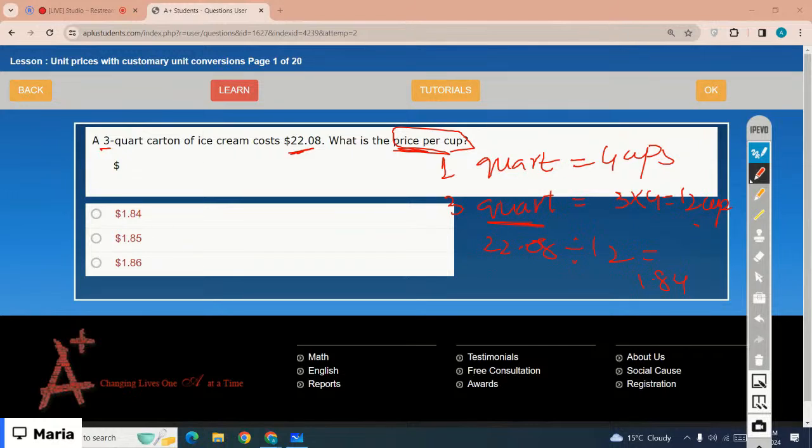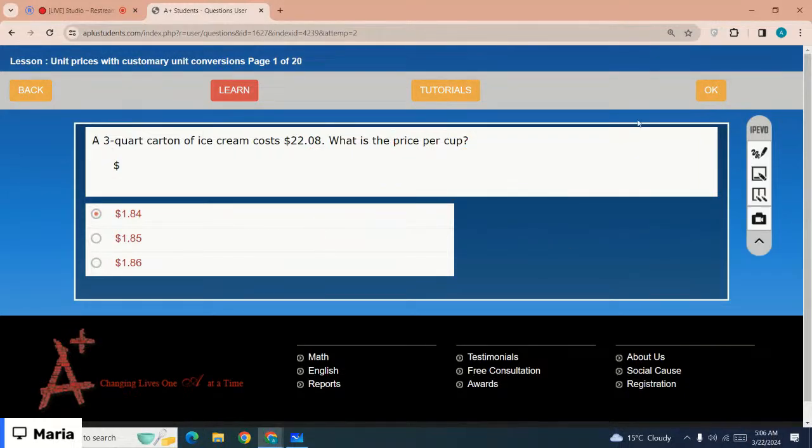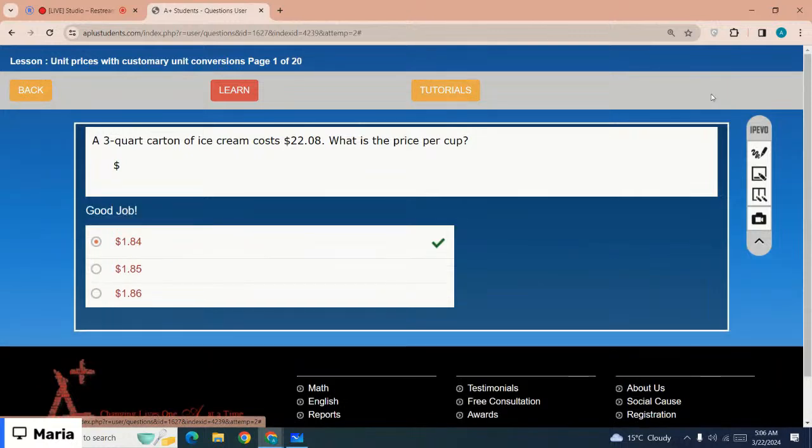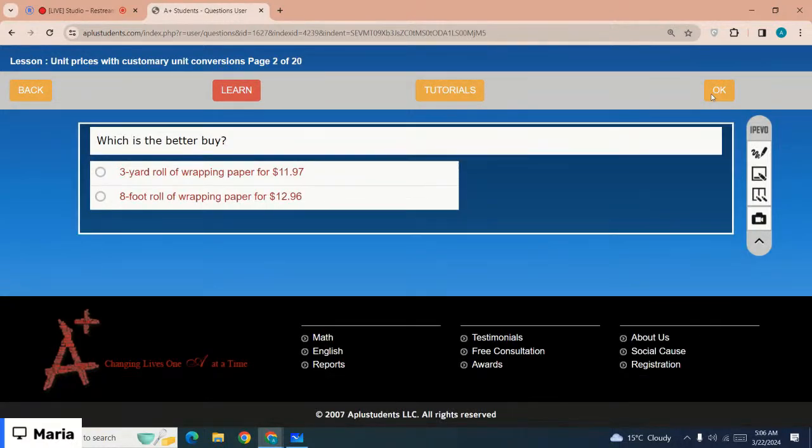Let me just check again: 22.08 divided by 12, 1.84 it is. Option number 1 is the correct option.